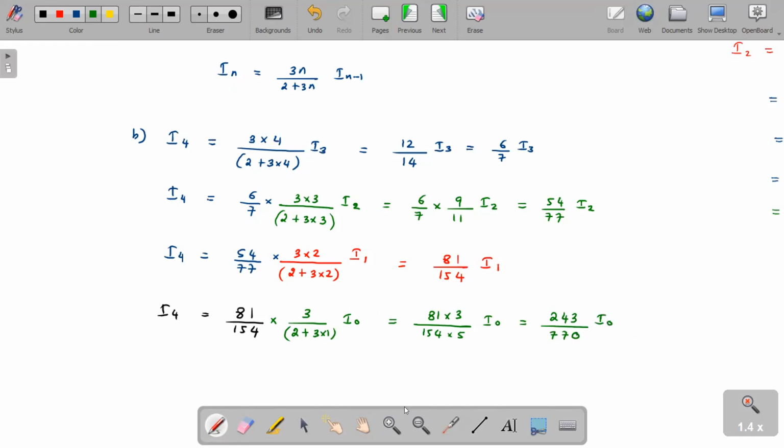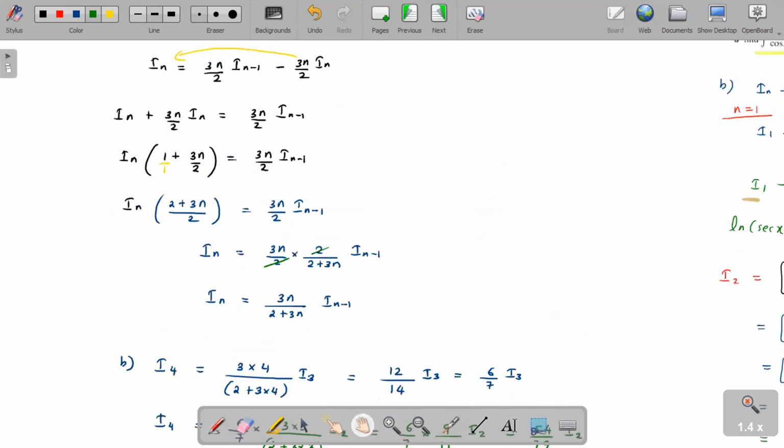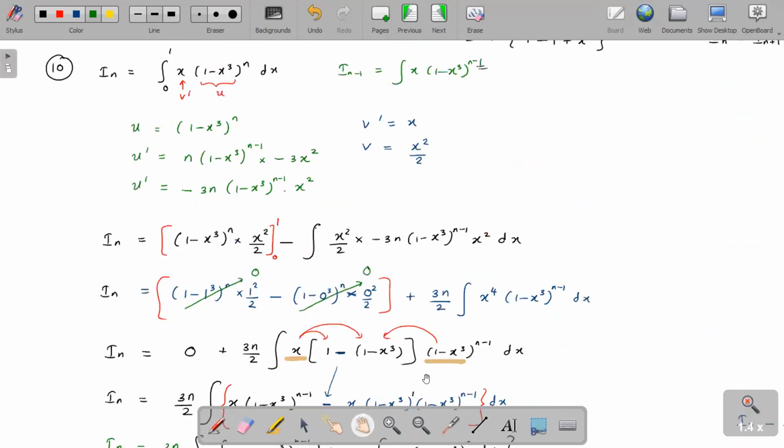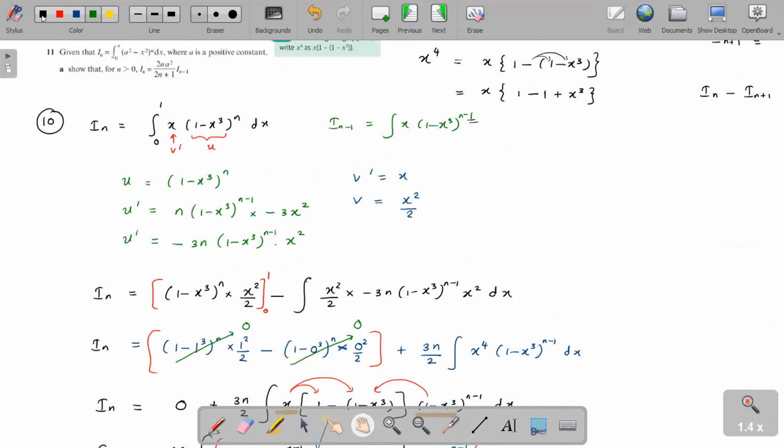I0. Now let's get I0. Are you with me? Let's get the I0 value. How do we get the I0 value? So go to the main equation and find I0. So I0 is equal to the integration of x(1 minus x)^0 from 0 to 1. This x(1 minus x)^0 is basically x, since the power 0 gives 1.